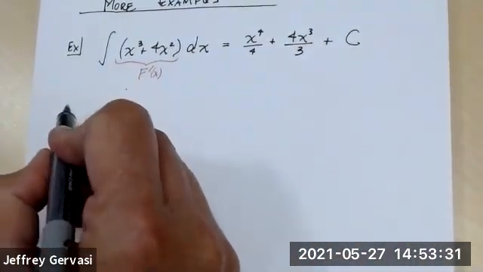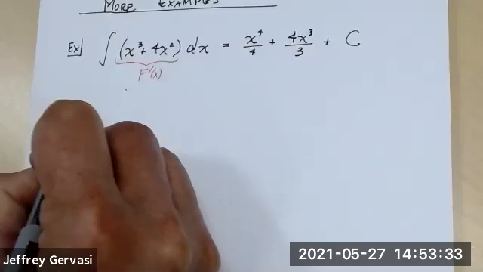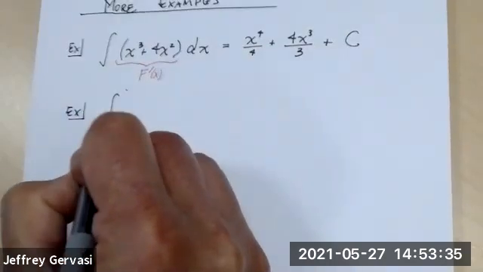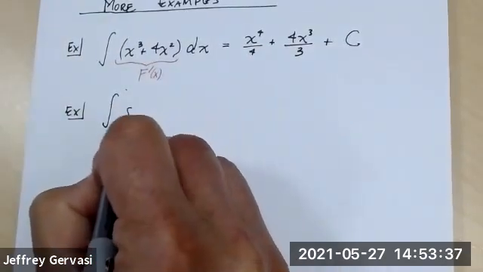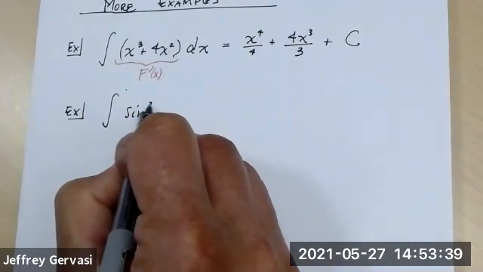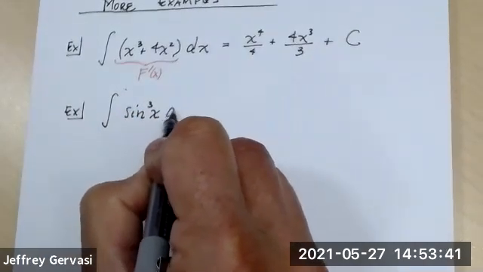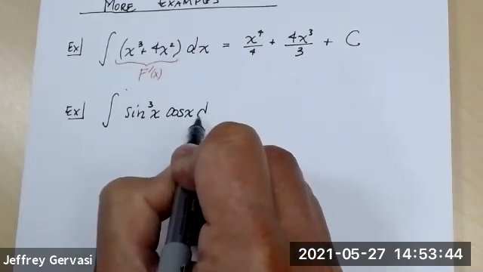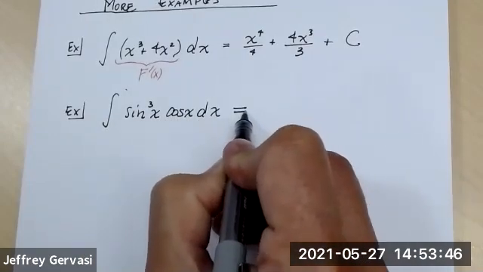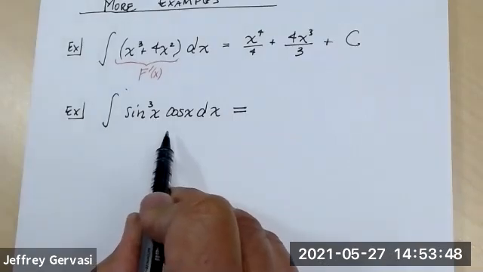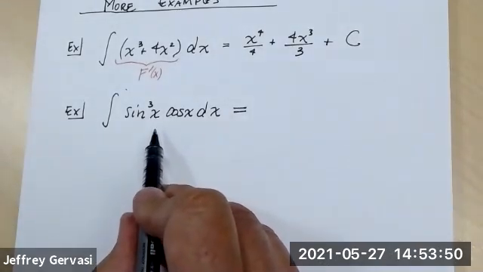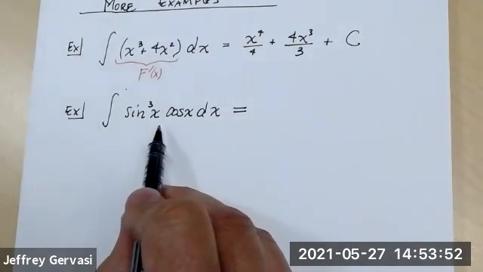But how about this now? Let's make it a little bit more interesting. Suppose that we have this example. Okay, right? So the entire derivative expression is sine cubed times the cosine.